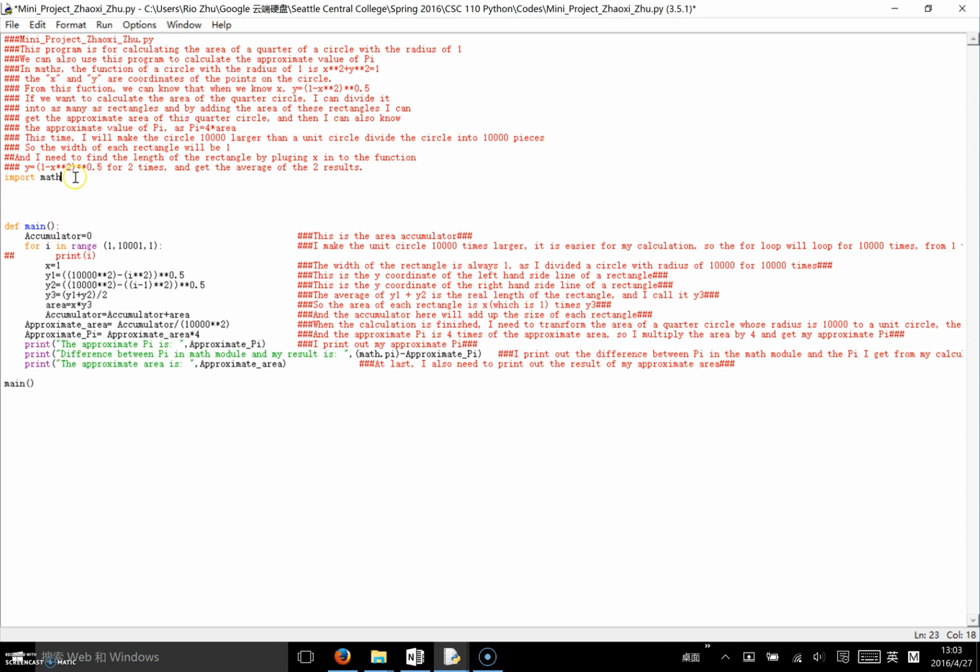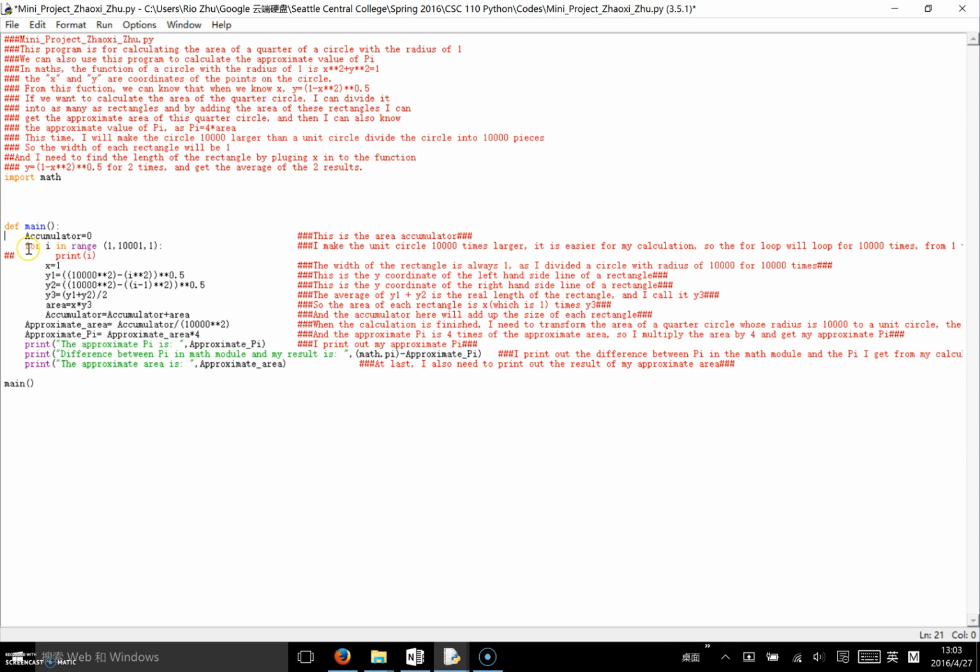I will import math at first, and then I will define the function. In the function, the first thing is the accumulator to add up the area of each rectangle.